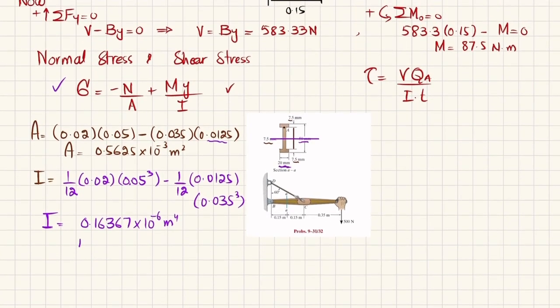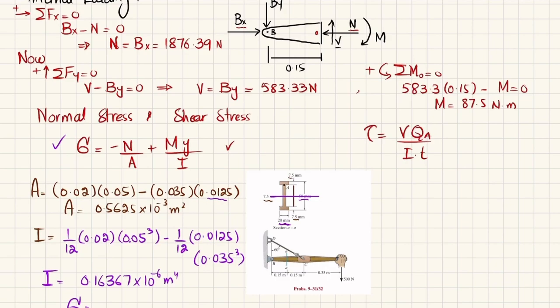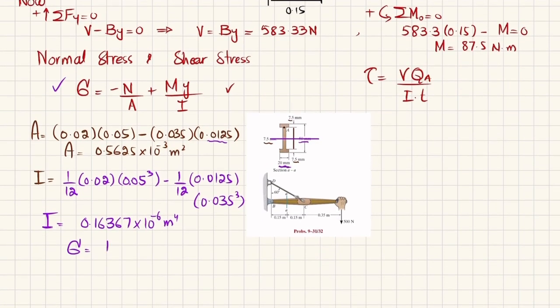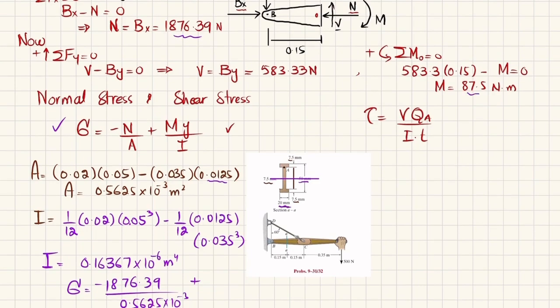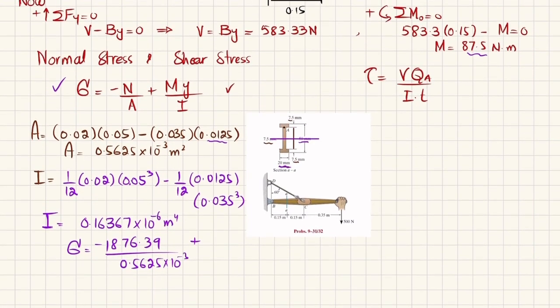So what we will get is sigma is equal to minus N over A, and N is equal to 1876.39, divided by area, which is 0.5625 into 10 raised to power minus 3, plus moment, which is 87.5, into y. Y is distance from neutral axis till the point A. So this is y. And this distance, you can see, is 35.